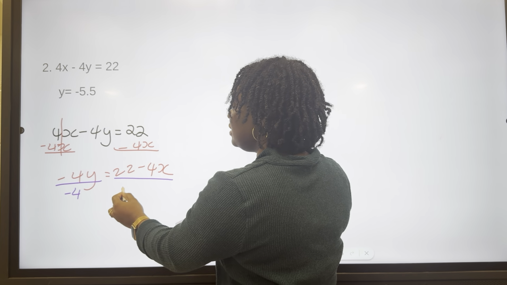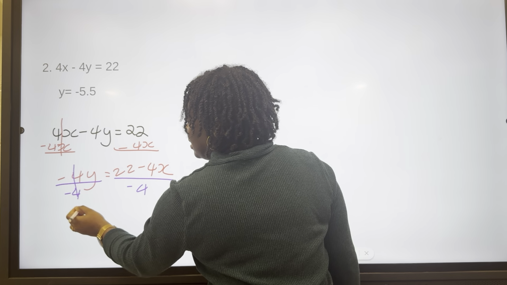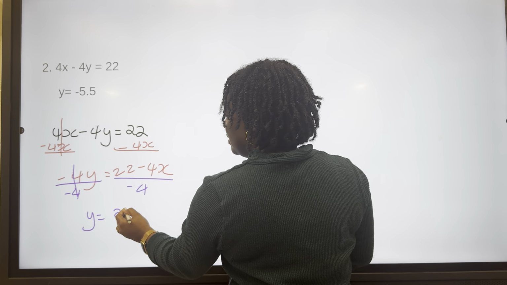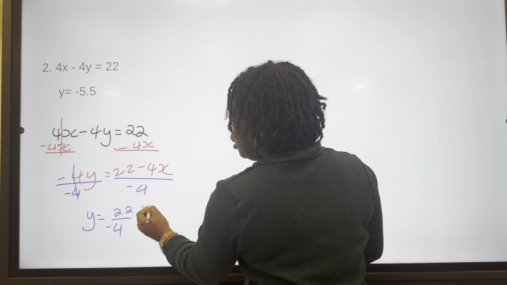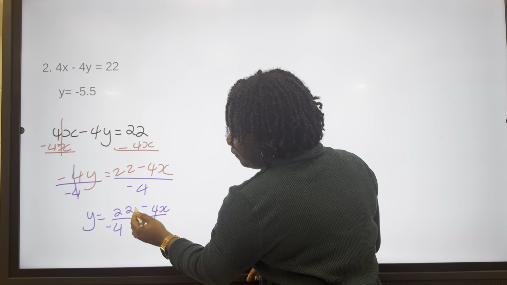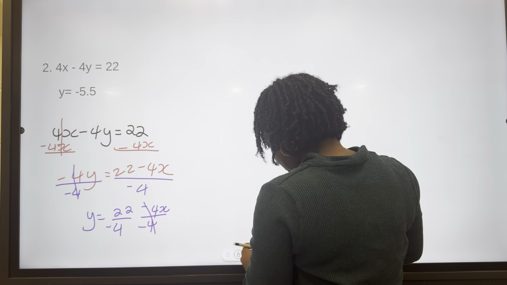Anything you do on one side, you do on the other side. Now that's cancelled, and this can be rewritten as 22 over negative 4 minus 4x over negative 4. These two are going to be cancelled out. That's going to give me a plus.